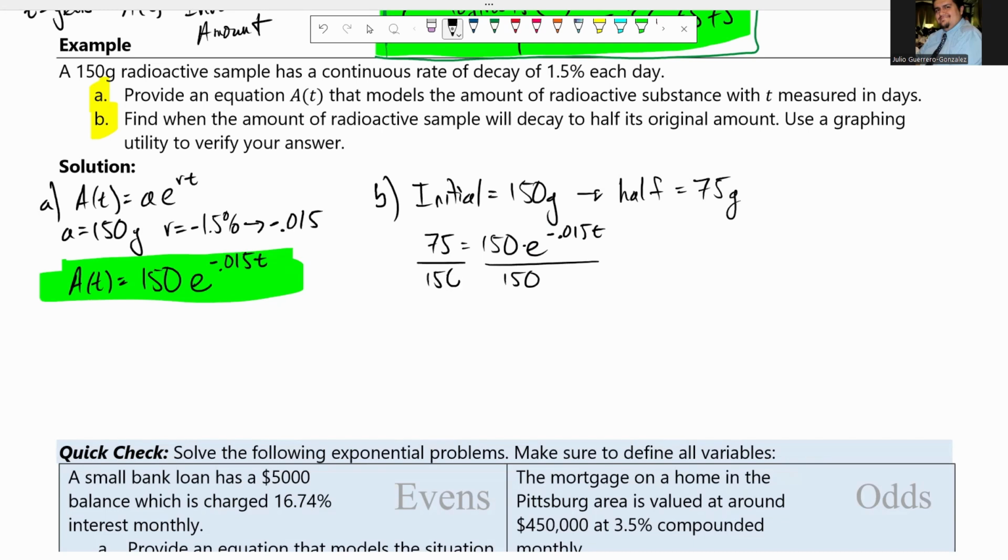This leaves us with 1/2 is equal to e to the negative 0.015t. Got it? Okay, we now have the exponential version, right? We can now change this into the logarithmic version.